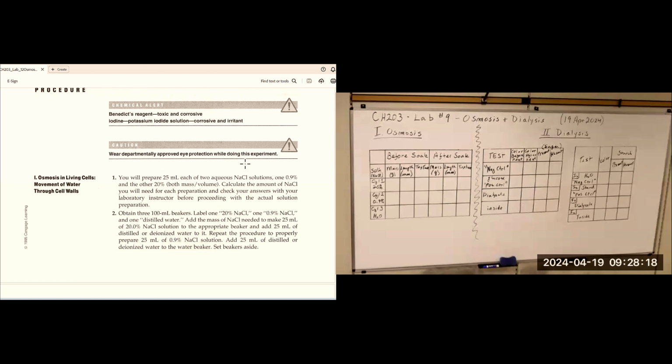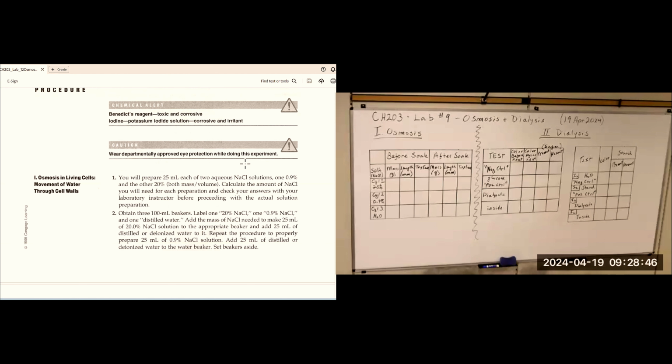So I'm going to assist. And I'll let you direct the procedures. I would look at the procedure.